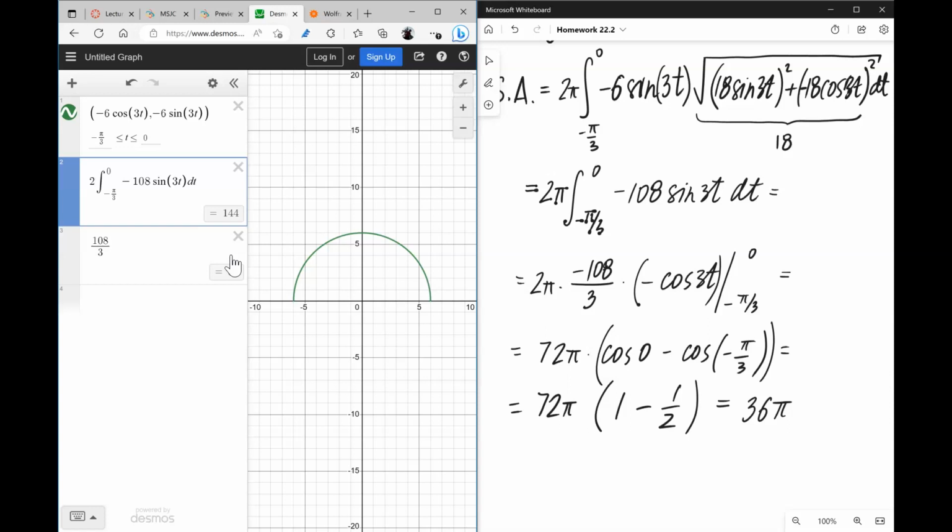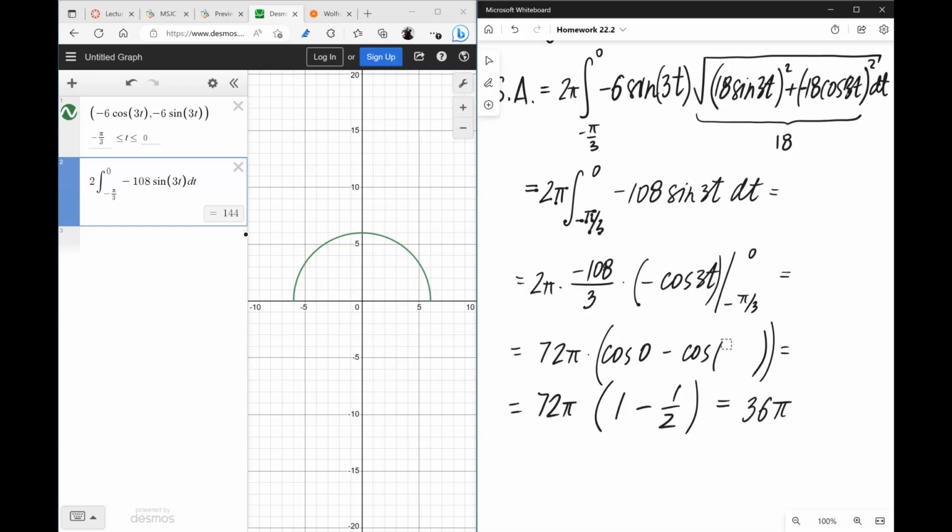So the whole integral will be, according to Desmos, 144 pi. Where is the... Oh, I see. I'm not doing it correctly here.